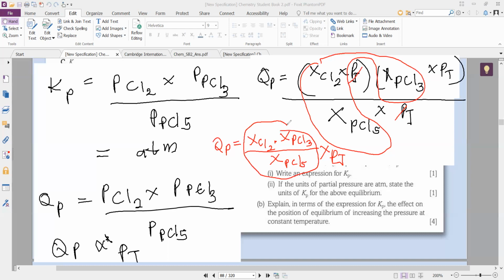Considering this one as a constant value, you can get this now. QP is proportionate to total pressure. So increase in pressure will increase the QP.